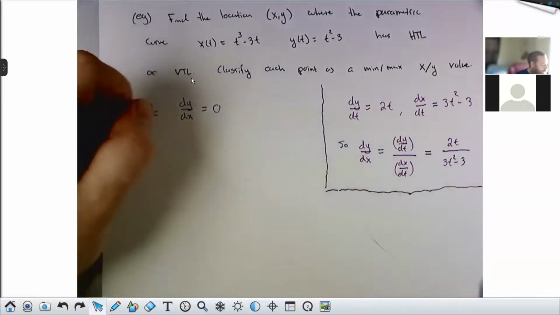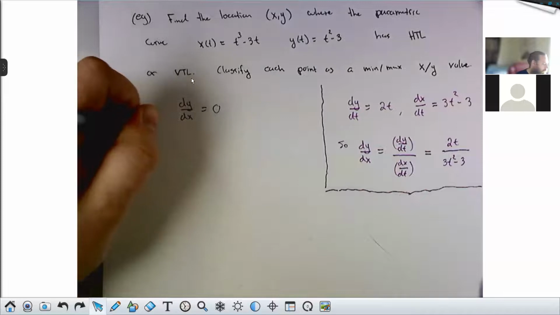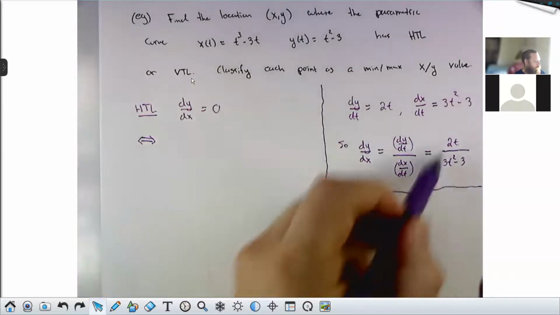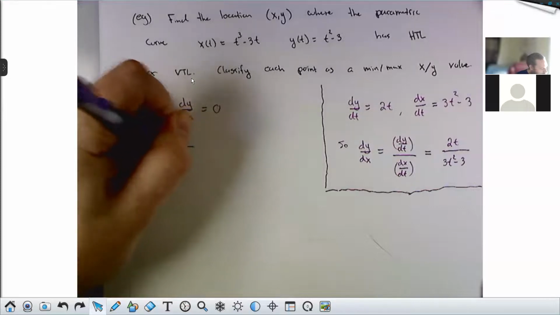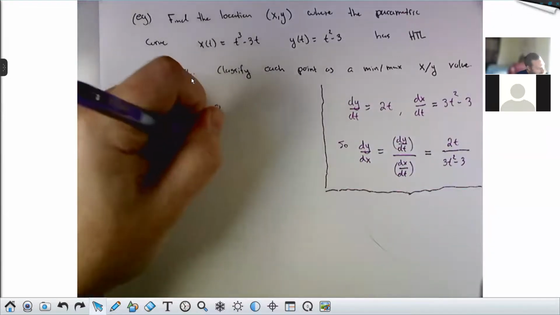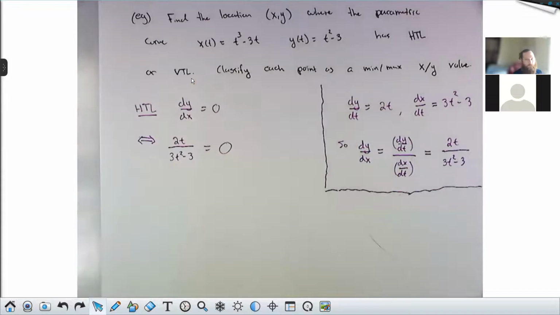dy dx will be 0 if and only if this fraction is 0. I want to issue a word of warning, and you saw this with the cycloid the other day. If you go online and watch YouTube videos, or if you talk to tutors at the teaching center even, it is possible that they will tell you, to find horizontal tangent lines, just set dy dt equal to 0.